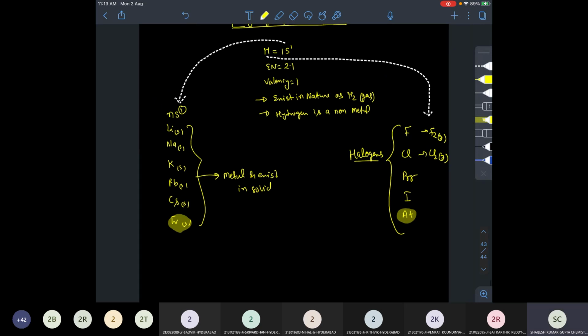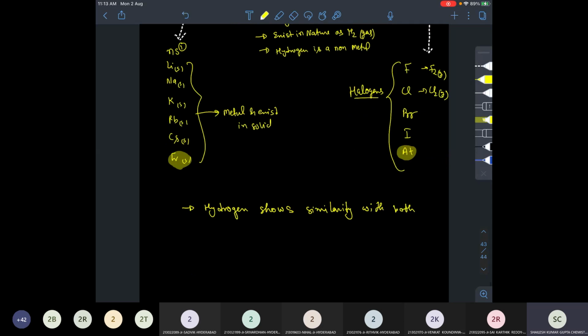So what you have to write: hydrogen shows similarity with both group 1, which is known as alkali metals, and group 17, which is known as halogens.